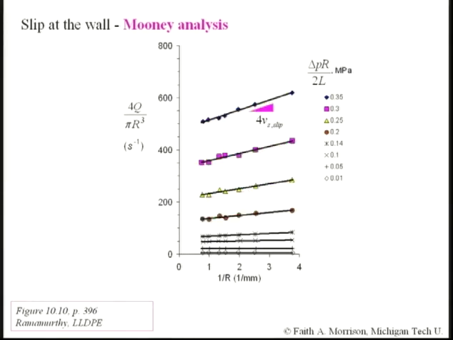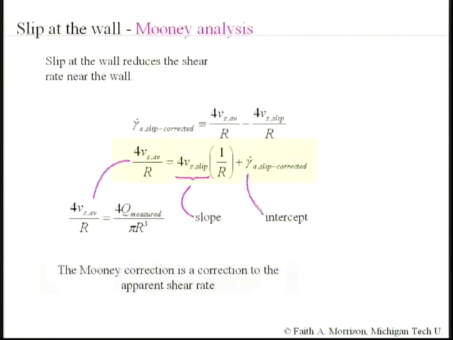So his raw data was flow rate and pressure drop. From geometry, you can create the wall shear stress and the experimental apparent shear rate, and then you can make this plot. Once you have the slope, you can go back and slip correct all of your apparent shear rates.